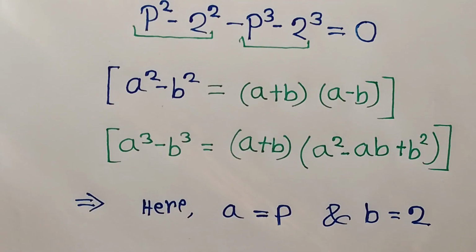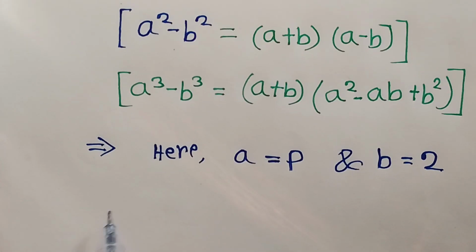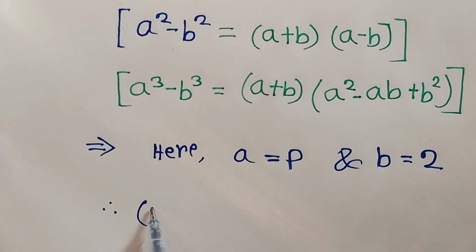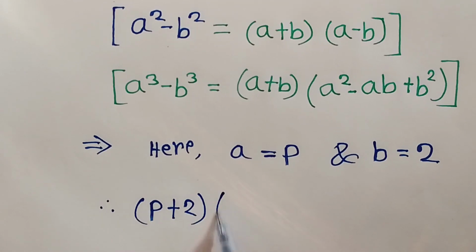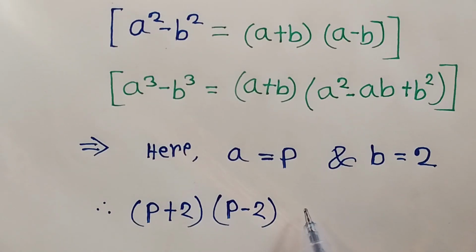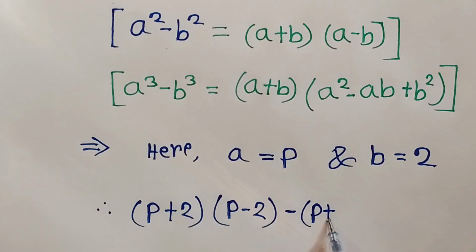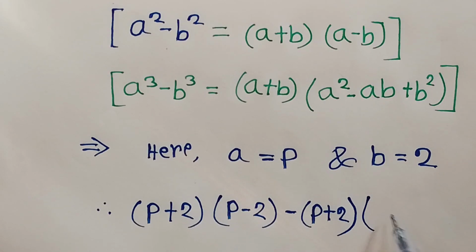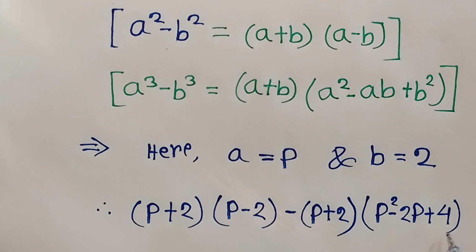Alright, so now we just apply this formula into the equation, then we'll get (p plus 2) times (p minus 2), minus, from the equation, (p plus 2) times (p square minus 2p plus 2 square).